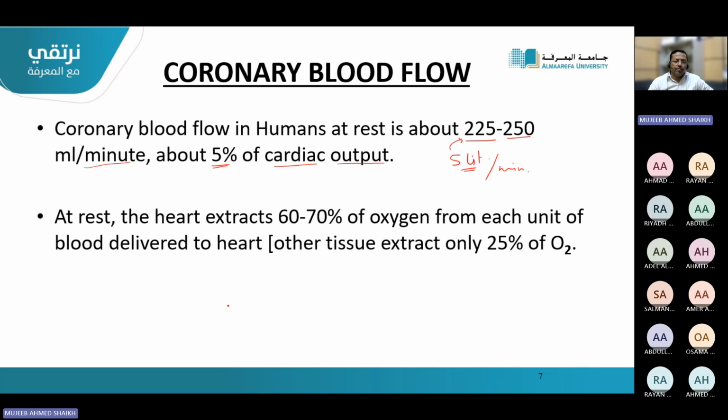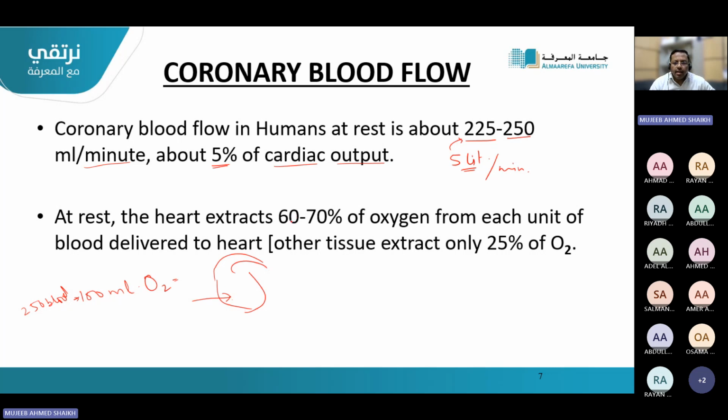Suppose 250 ml of blood is bringing, let's say, 100 ml of oxygen to the cardiac muscles. Suppose this amount of oxygen is coming through the coronary circulation.